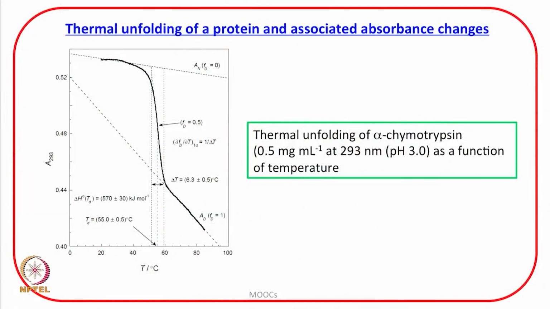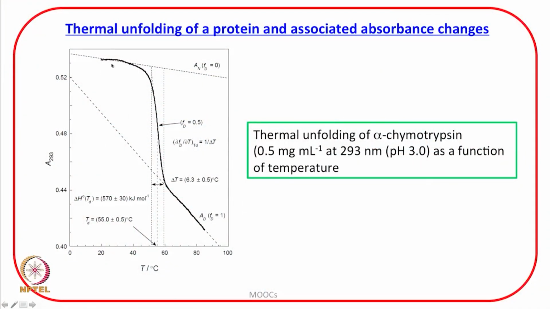When you study the thermal unfolding of a protein by UV visible spectroscopic measurements, the wavelength selected is 293 nanometer, or it should be a wavelength where the difference in the absorbance of the native state and the denatured state is maximum. You want to choose a wavelength where you can see a maximum change in absorbance, and in most proteins it turns out to be 293 nanometer. Okay, let us see.